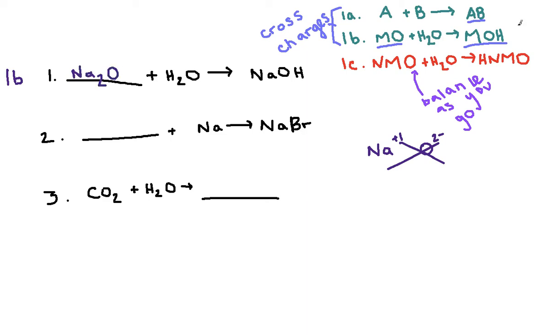So this is a brand new way of looking at this problem because before this point, what I did was say, okay, you've got Na2O. You add water to it. And your product is going to be what?